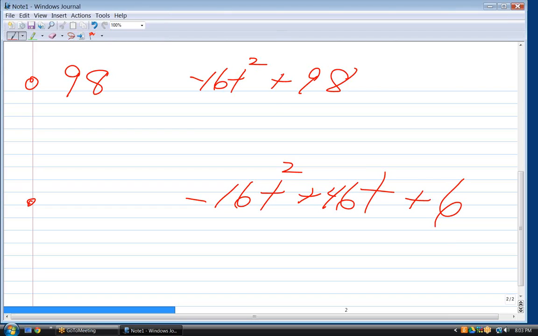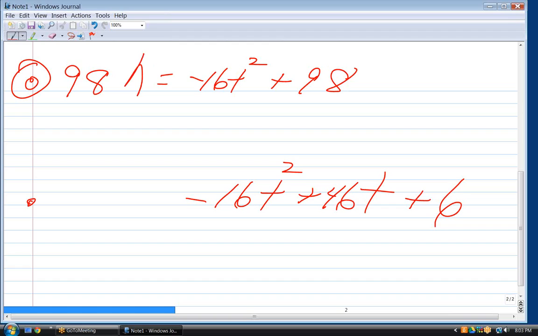Okay, let's talk about this first equation. That represents the height of that ball at any time. Notice that when that ball is dropped, t is 0. So it's at 98 feet. And that is the height of that ball, 98 feet.